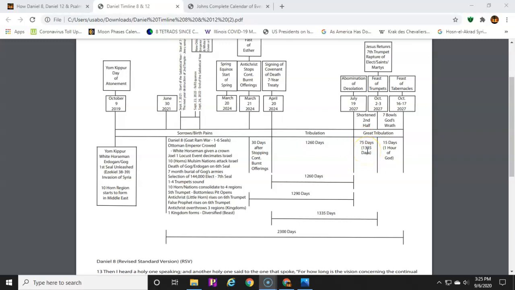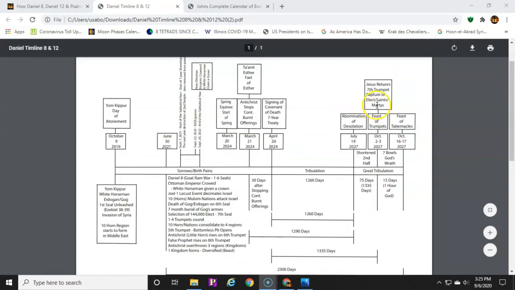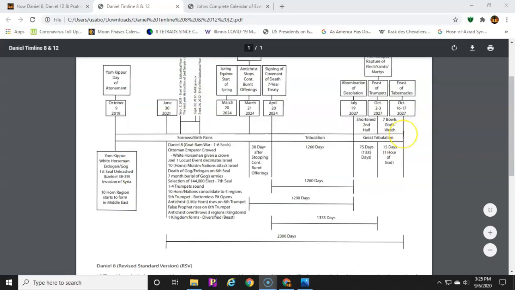That 1335 days matters on how he says that. It's to the sanctification of the temple. We see that rising of Jesus on the seventh trumpet. There's 15 days between the second and the 17th, the hour of power of God, which are the 7 bowls, and then we tabernacle with God.